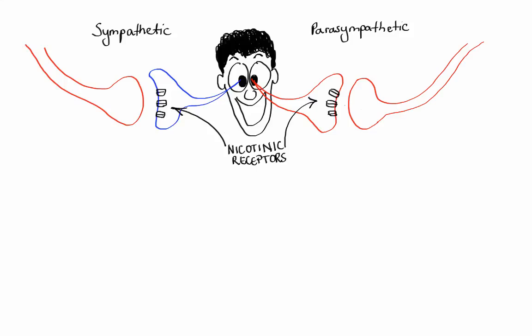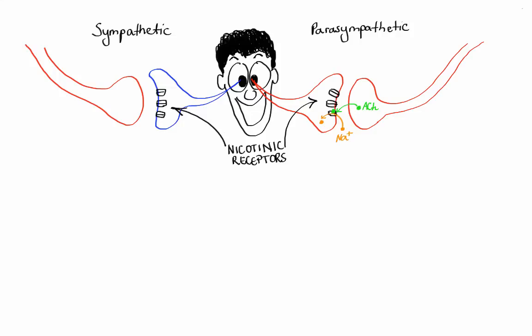Nicotinic receptors are also known as ionotropic receptors, and this is because they simply work as an ion channel. So for example, when a neurotransmitter such as acetylcholine binds to such a channel, it causes it to open up, allowing passage of ions such as sodium, which eventually leads to an action potential.